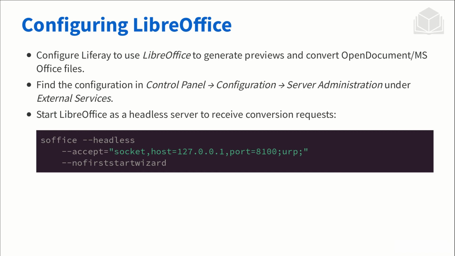The file name soffice still points at the old StarOffice. You'll open some port locally. You'll ask it to be truly headless, and then on the other side you configure Liferay to know that it's got to connect to localhost port 8100, and LibreOffice will be able to convert your documents.